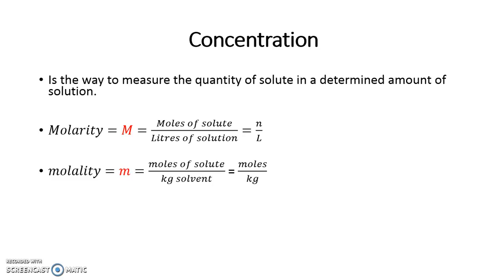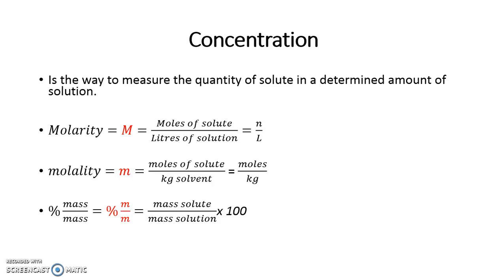Molality is moles of solid over kilograms of solvent. The difference between the first two is that in the second we are taking into account the weight of the solvent, and it is very often used in solid solutions.